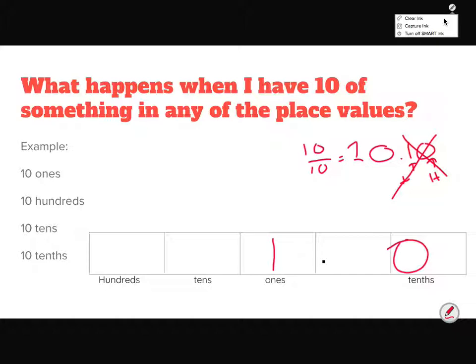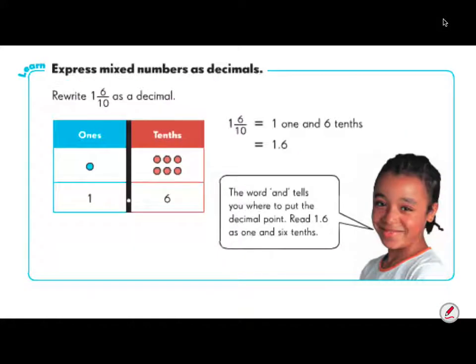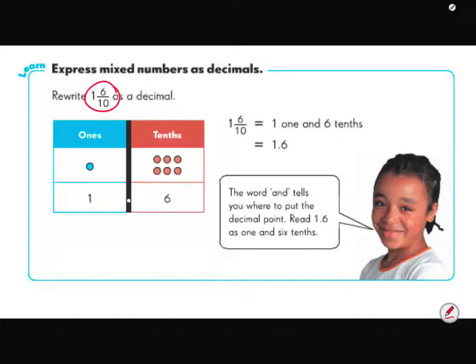Okay, so here's what I need you to do. What we're going to start talking about is mixed numbers, which is something we learned in fractions, and how you make that a decimal. So when I read this as 1 and 6/10, which means I have 1 one, and then I have 6 of these in the tenths place. And remember that the decimal stands for the word and. So when I see 1 and 6/10, I write 1.6.